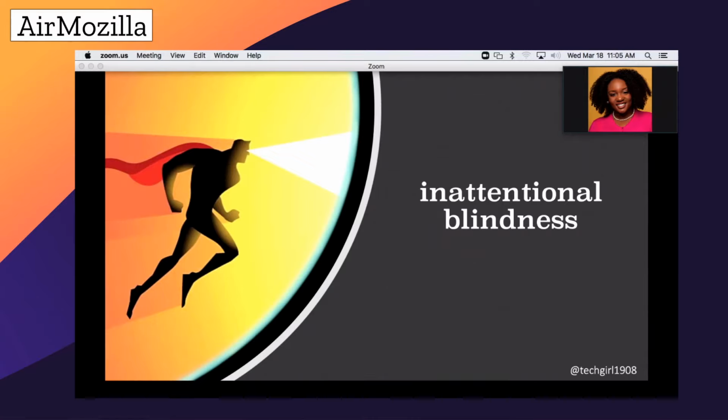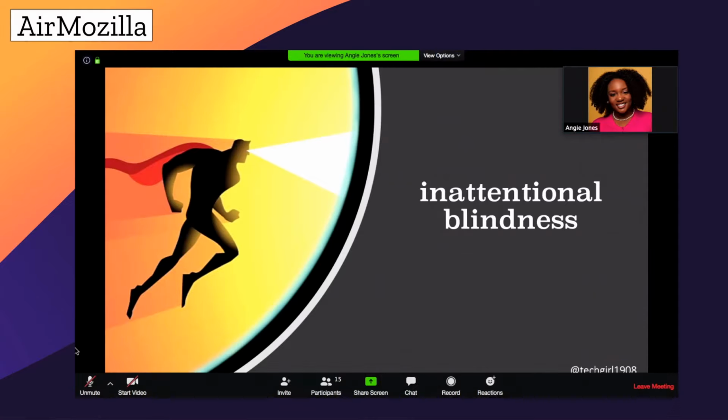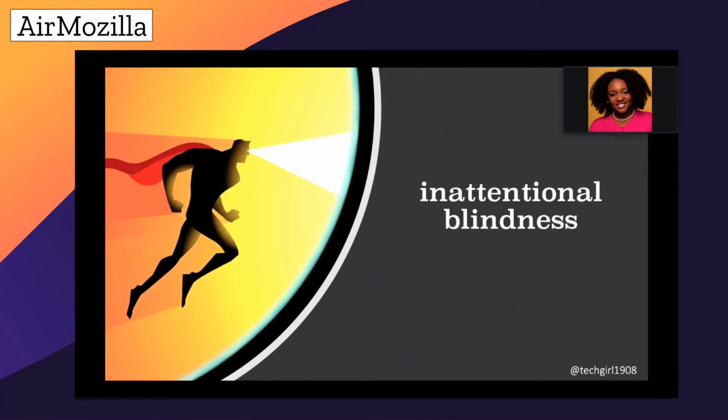And this is especially true when we're talking about testing software. When we are testing a specific feature, we're so focused on that feature that we're not really looking at other things in the application.